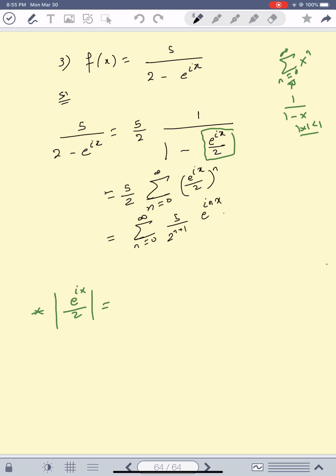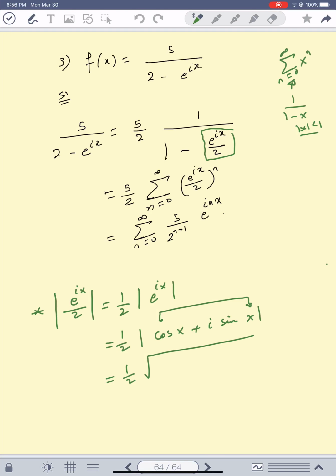Now again, to make everything clear, let's compute the absolute value of e to the ix over 2. First of all, the half is a constant, so it goes out. What is the absolute value of e to the ix? It's cosine x plus i sine x, and remember, this is a complex number. If you have a complex number, how do you compute the absolute value?